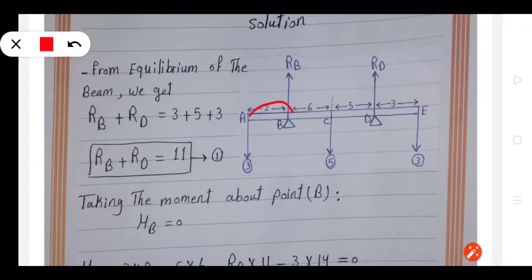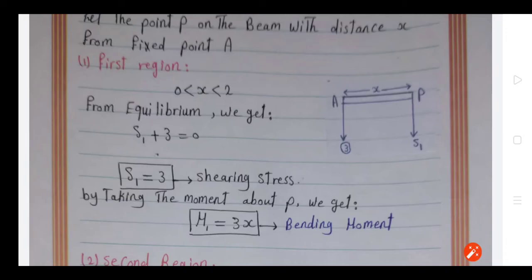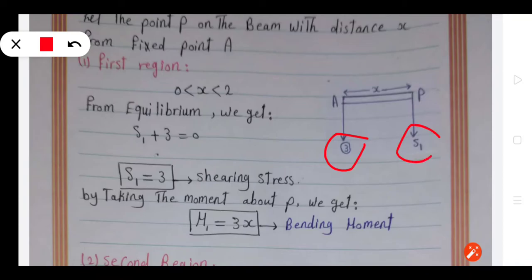From A to B, from A to C, from A to D, from A to E. We have 4 regions in this example. For the first region, this weight is 3, this is S1, then S1 plus 3 equals 0. So S1 equals negative 3. It is the shearing stress.